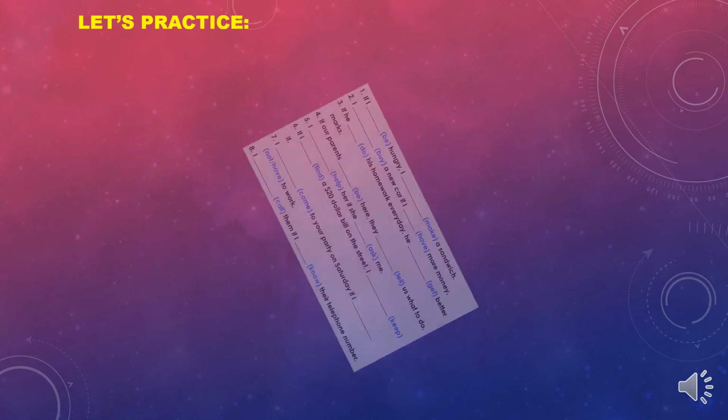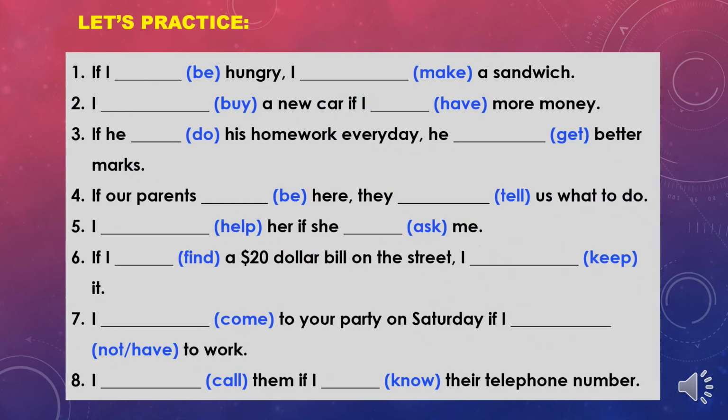Okay, it's time to practice. You have here 8 sentences. All right, you have 8 sentences with some verbs in parentheses. Tienes 8 oraciones con los verbos entre paréntesis. All right. The step number 1 is to identify the if clause. Okay, el paso número 1 es identificar la oración donde está el if. Okay, so number 1, look at the if.